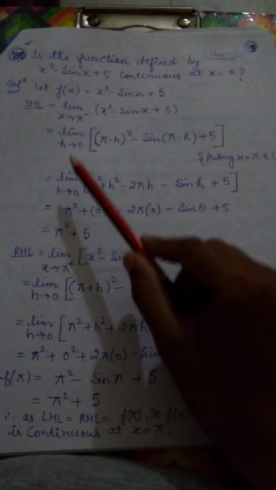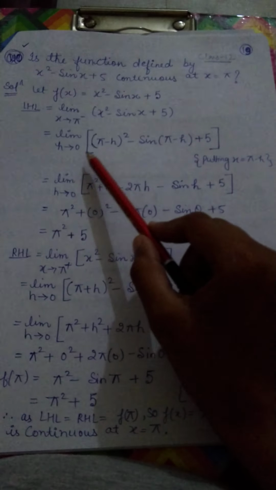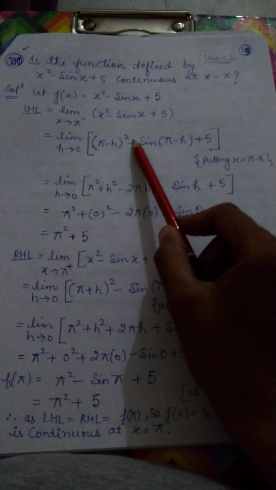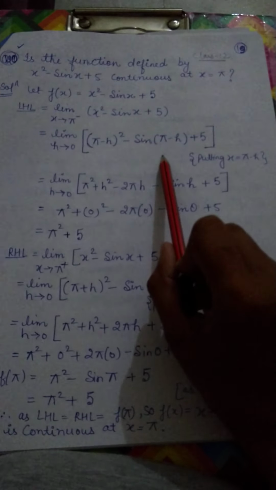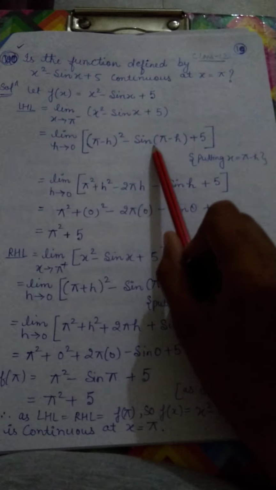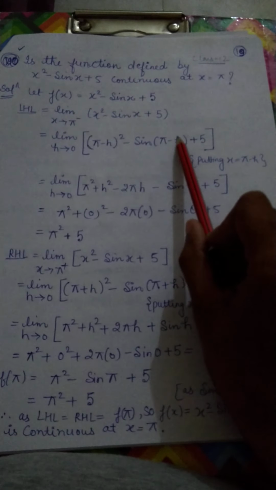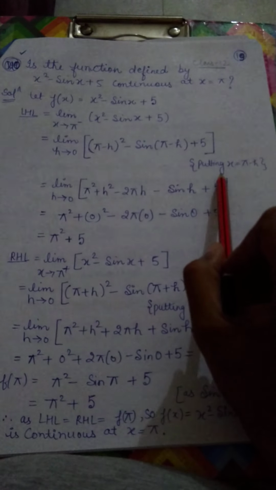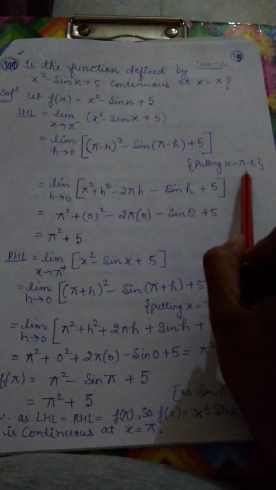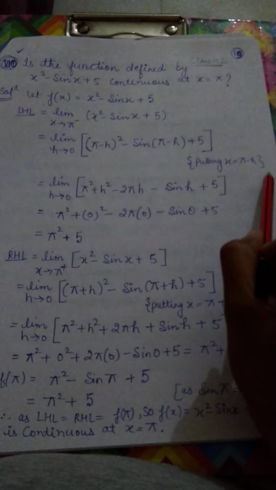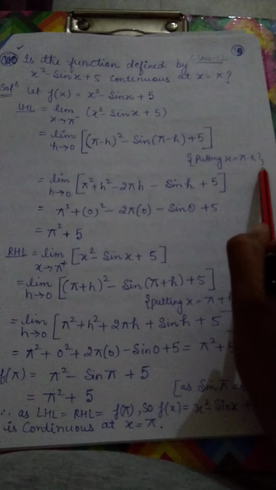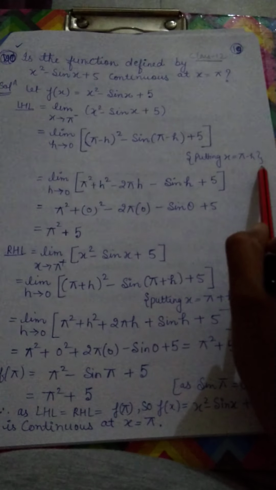Now this limit, h tends to 0, will give (pi minus h) whole square minus sine of (pi minus h) plus 5, that is, putting x is equal to pi minus h.